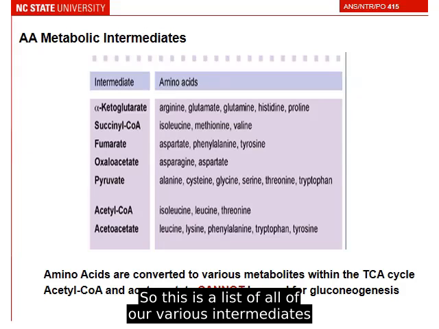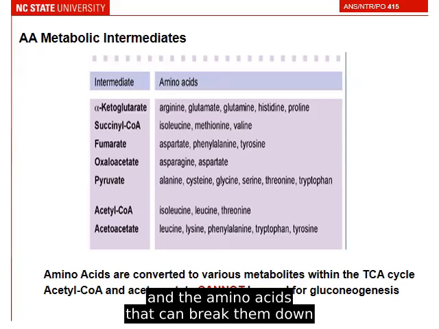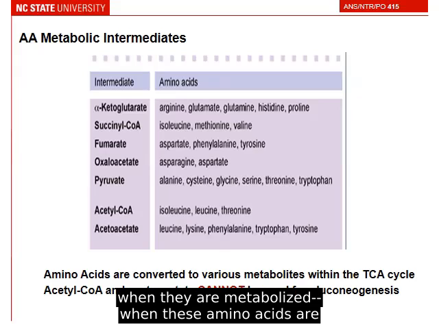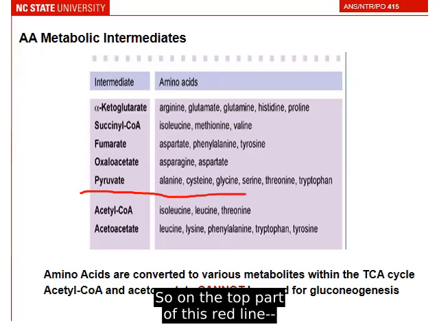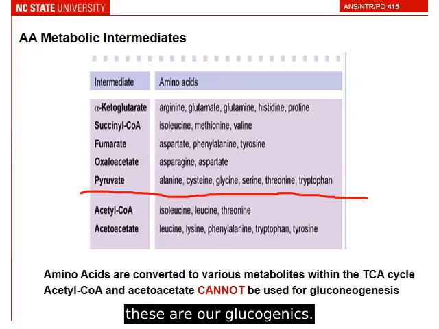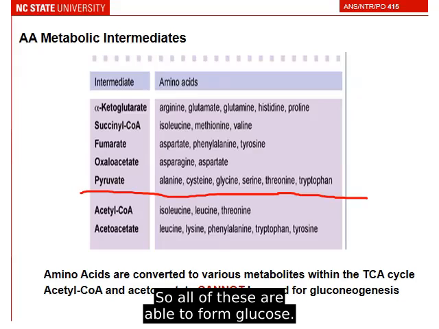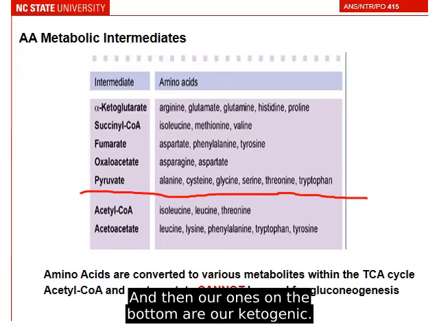So this is a list of all of our various intermediates and the amino acids that can break them down, or when these amino acids are metabolized, they get these intermediate products. On the top part of this red line, these are our glucogenic, so all of these are able to form glucose, and the ones on the bottom are our ketogenic.